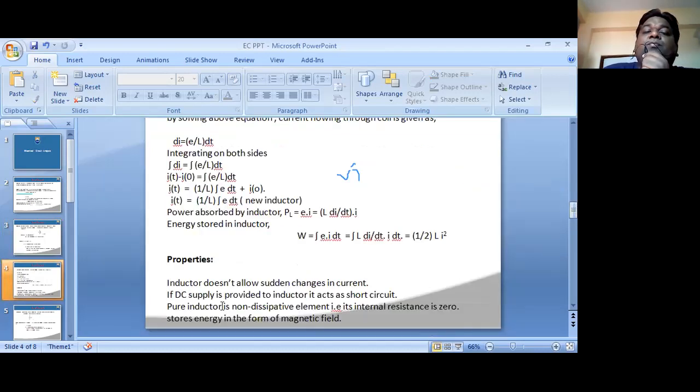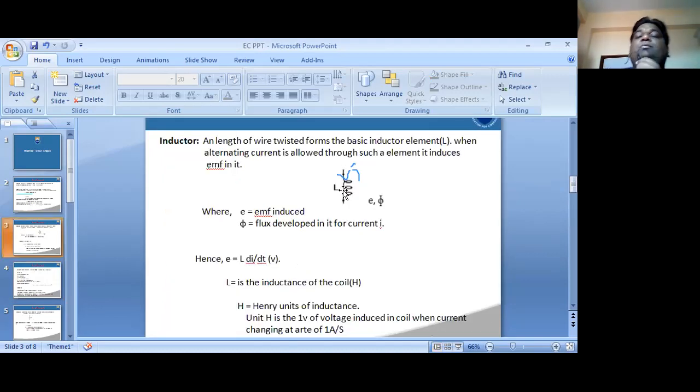Next, a pure inductor is a non-dissipative element. That is, its internal resistance is 0. What we have seen in the first slide is that the inductor element has only one property, inductance. In the case of inductance, there is only energy stored, and no energy loss. In our last video, we saw that energy loss takes place if there exists a resistance property for that element.